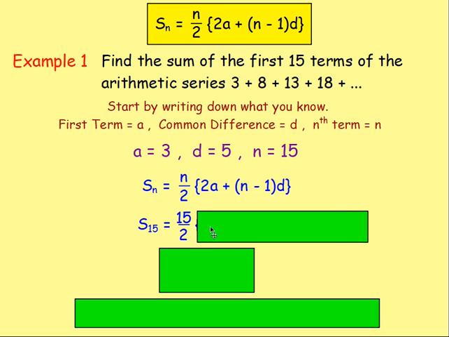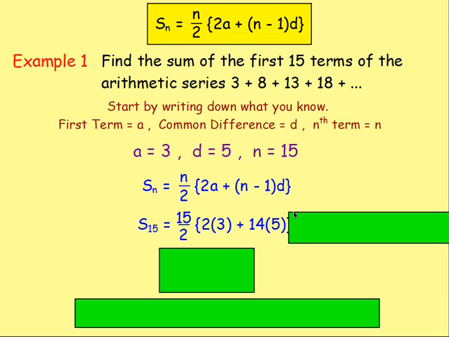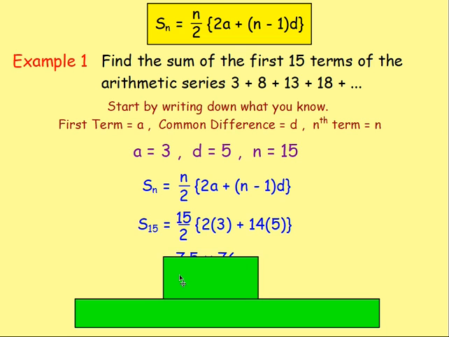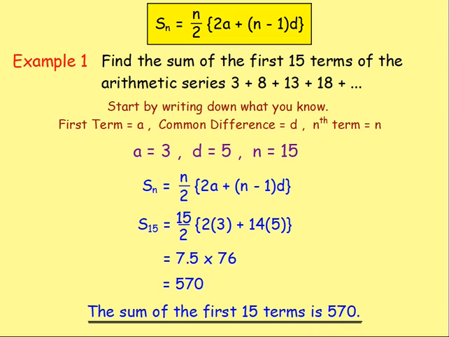So we'd have 15 divided by 2, and then in curly brackets, because I've got more normal brackets here, 2 times a, so 2 times 3, plus n take away 1, so that's 15 take away 1, which is 14, multiplied by d, which is 5, and we end the curly brackets. 15 divided by 2 is 7.5. If we work out the brackets, it works out to be 76. 76 multiplied by 7.5 gives us 570, meaning the sum of the first 15 terms is 570.